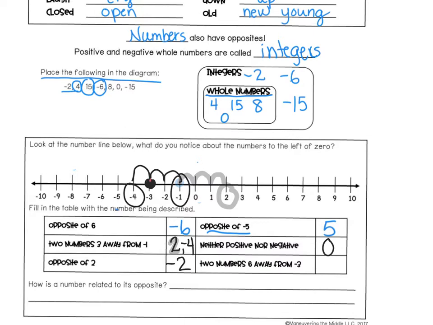There's -3, and if I'm going 1, 2, 3, 4, 5, 6 spaces away from -3. Oh, sorry, I messed up. Let me see if I can figure out how to erase. Oh, I was right. 6 away from -3. Let's do that again. We'll do it in red so we can see.